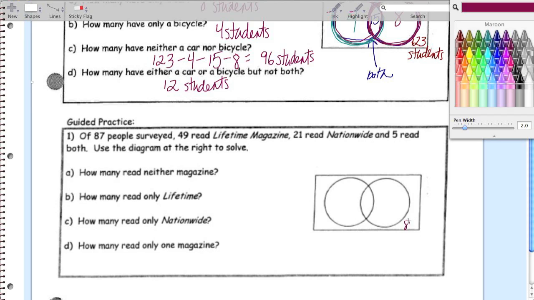So first, starting out, 87 people is our population we're working with. The two things that are going to be our collections are the people that read Lifetime magazine. All right, Lifetime mag readers. And this side is Nationwide magazine readers.